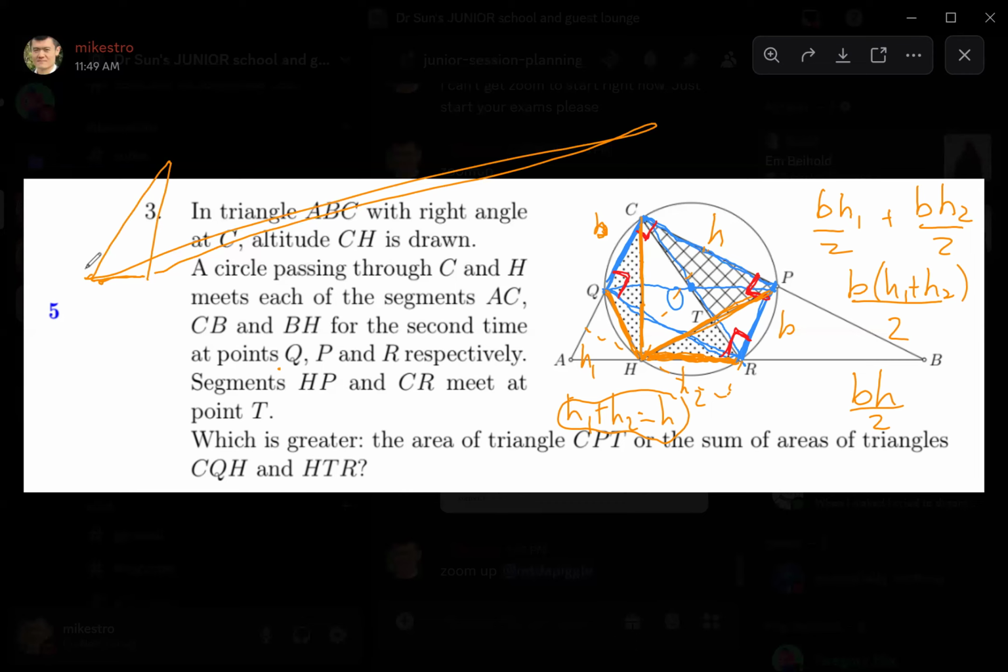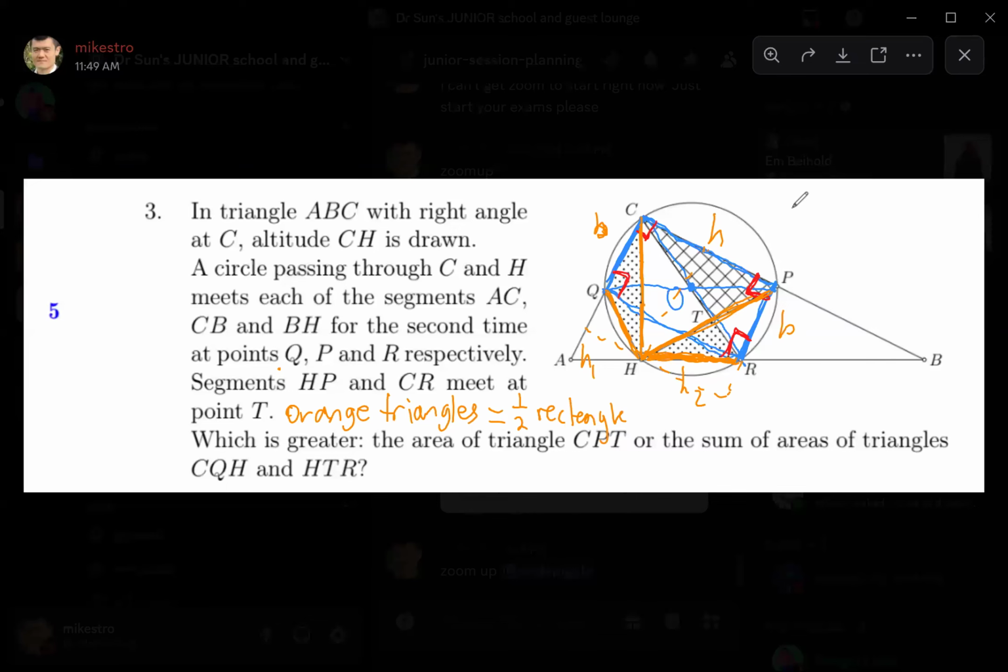Okay, so now that you have the orange triangles, what do we do now? I made it more open-ended what to do next, but actually, there's a natural thing to do next.